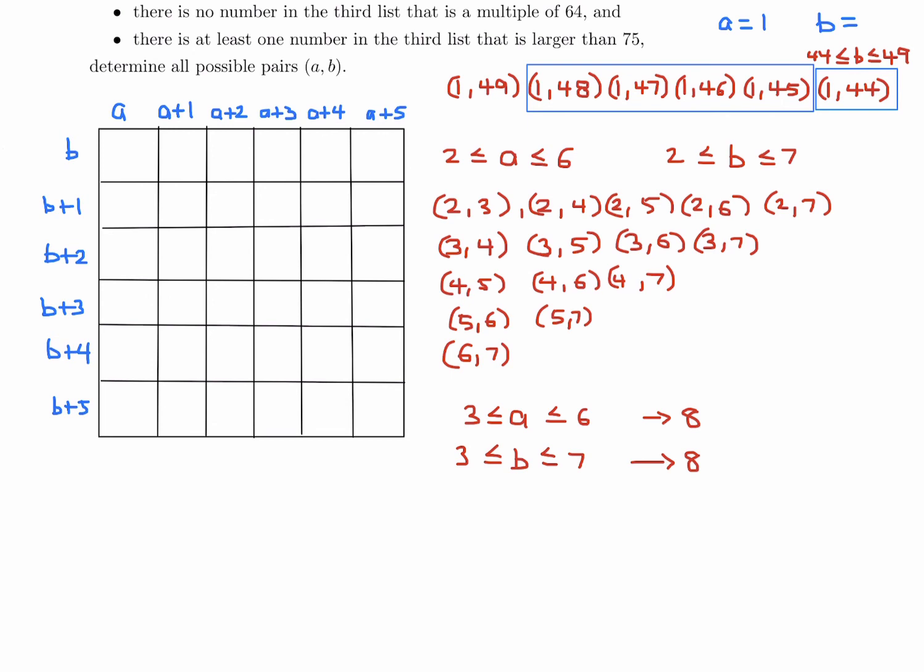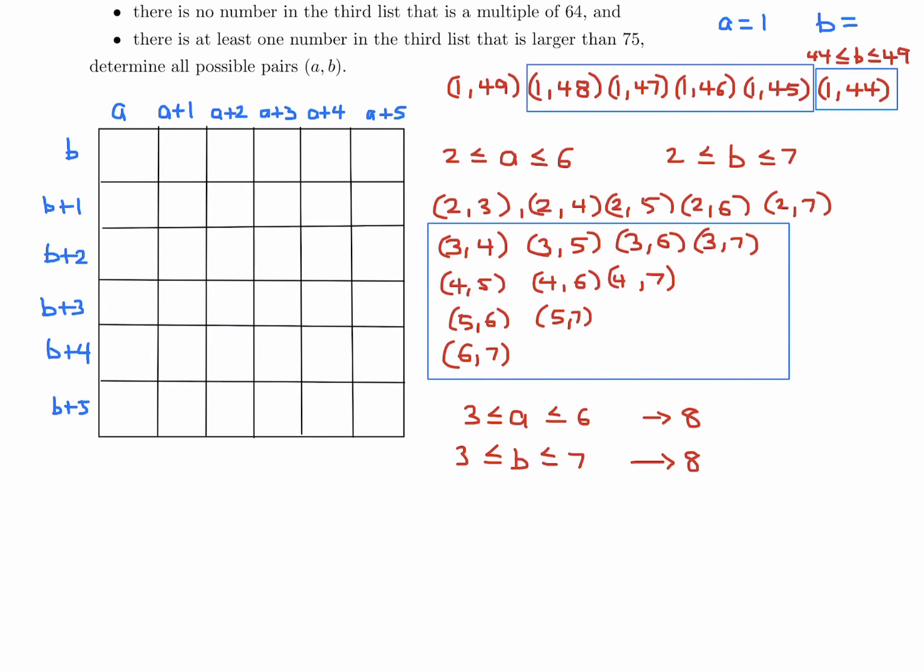So the only time we're safe is when a is equal to 2. So the only ones that are safe are these guys right here, when a is 2. All the other ones have to be eliminated because they will eventually create an 8 and an 8. So all these guys are gone.